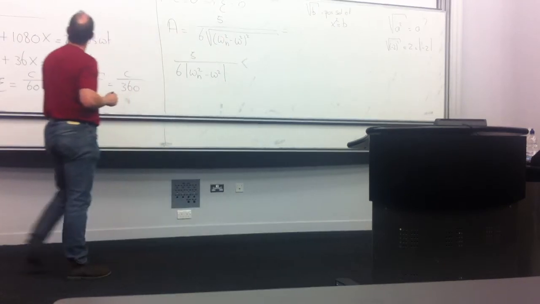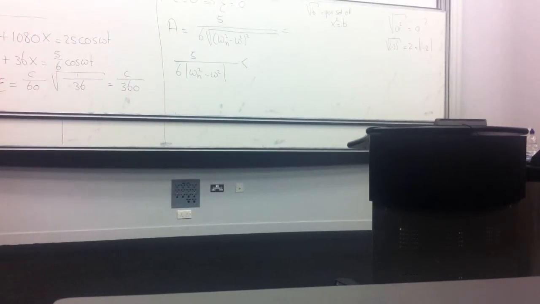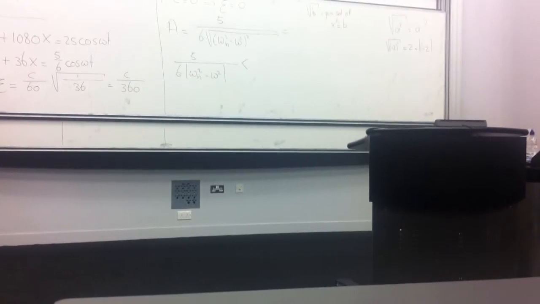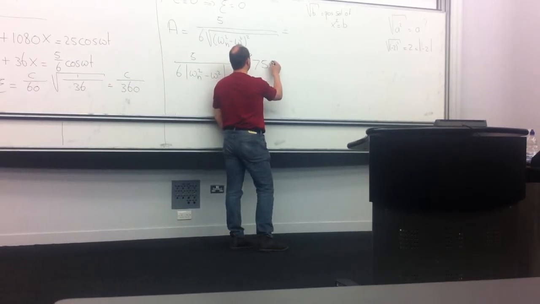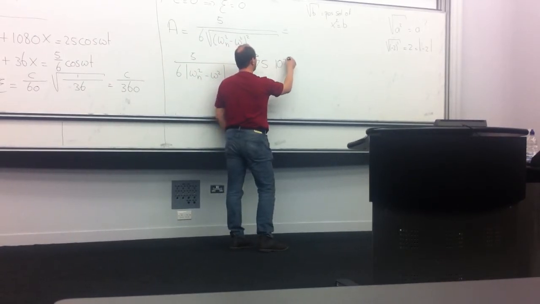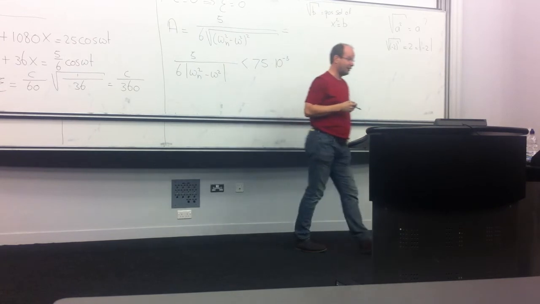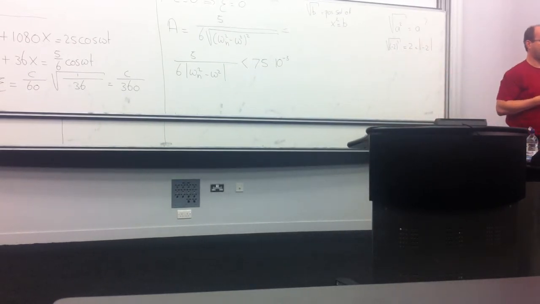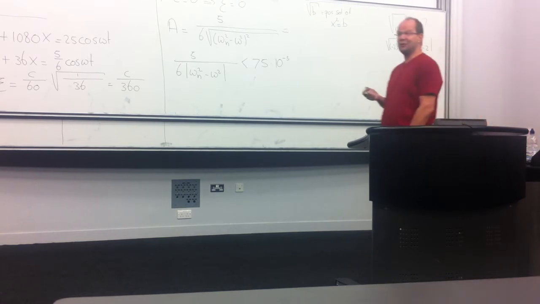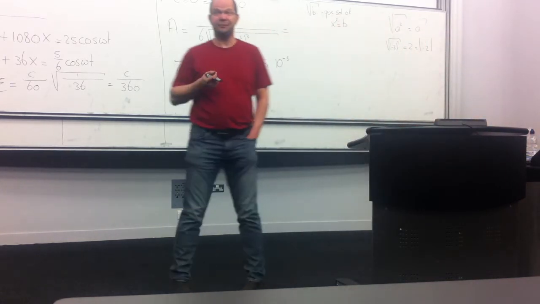Now keep in mind, we've got our K in Newton per meter, so we also have to work with everything in meters. So rather than writing 75, we have to write 75 times 10 to the power minus 3. 75 millimeters is 75 times 10 to the power minus 3 meters.